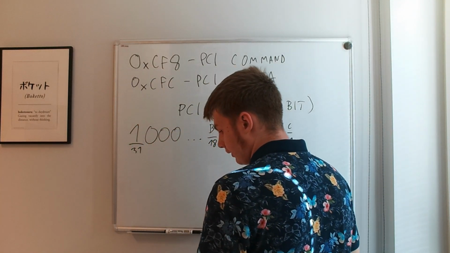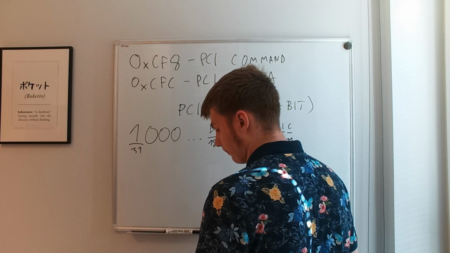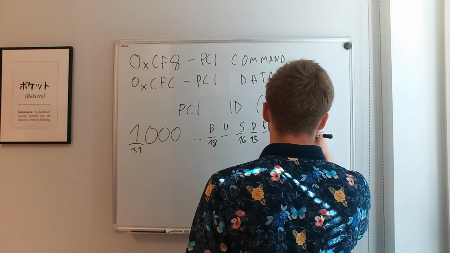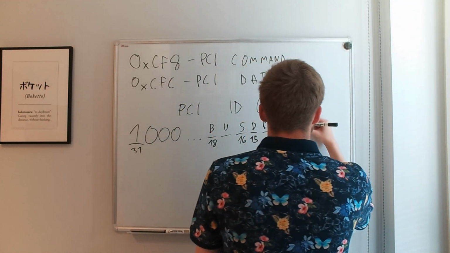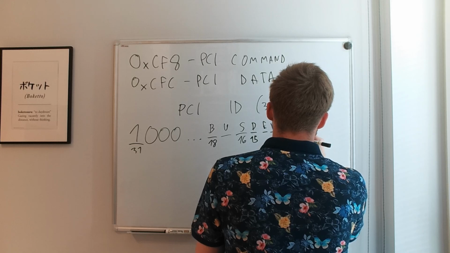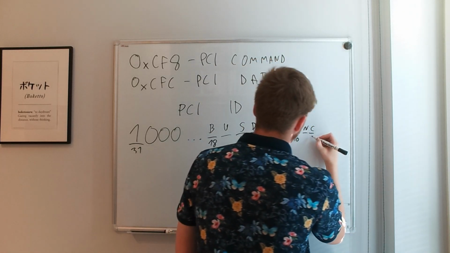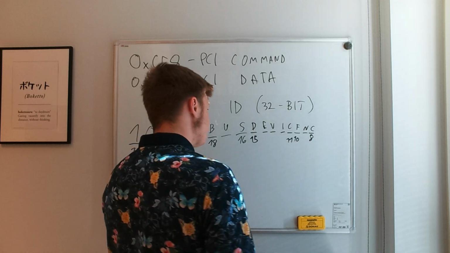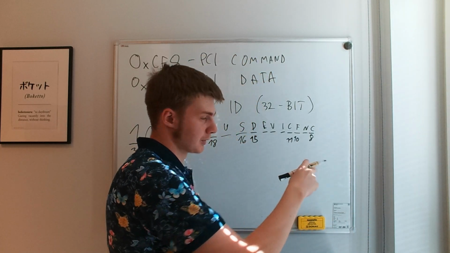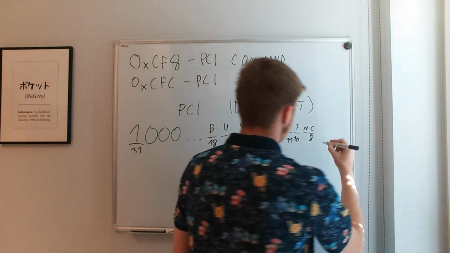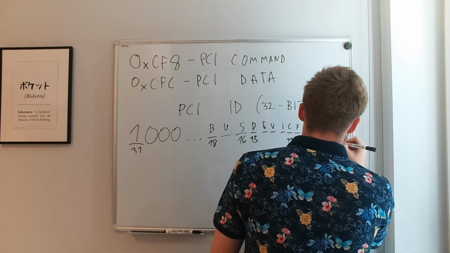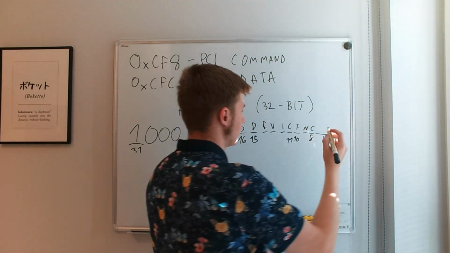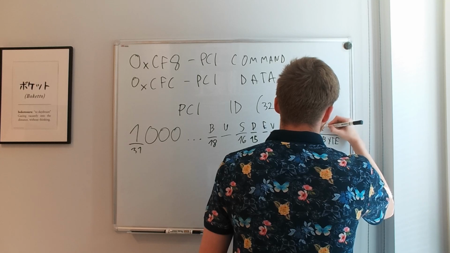And then you have to specify the function. Again, 8 functions per device, which means that 3 bits are enough. That's bits from 10 to 8. And then we have bits from 7 to 0, which means we have a byte remaining. And this byte should contain our register offset.